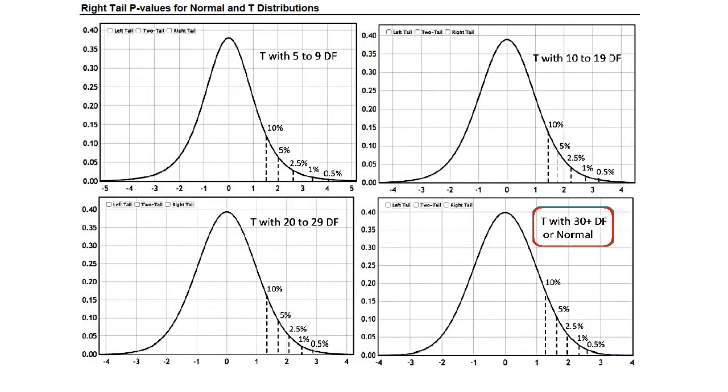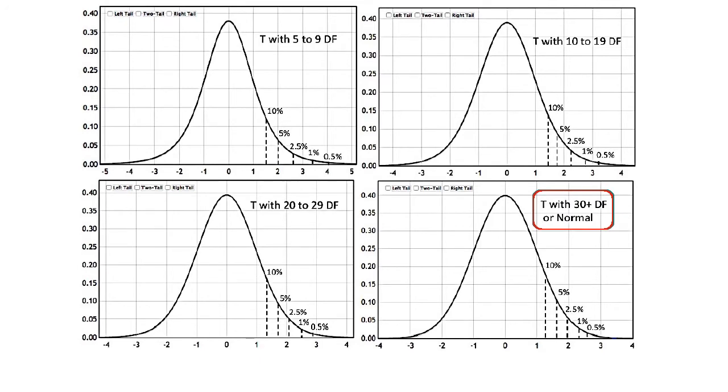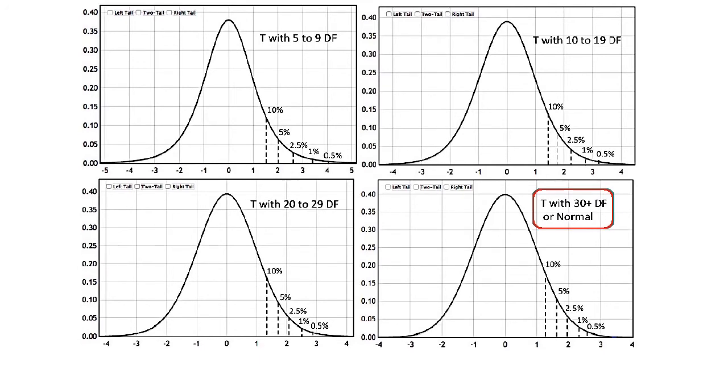As soon as our degrees of freedom get above 30, we go ahead and use the one that's equivalent to normal, at least for purposes of finding a p-value. This is just because our p-value estimates aren't very accurate anyway. So on here I'm going to estimate 3.509, which is really close to 3.5.